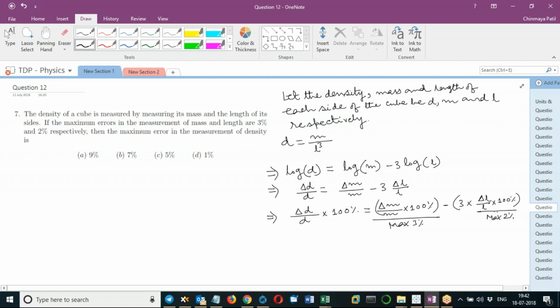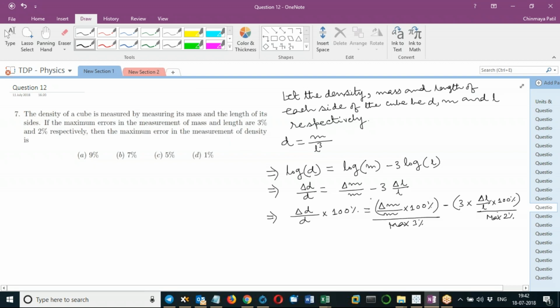Now, the maximum error should be 3% minus 3 into 2%. As we know, error comes both in positive and negative with equal probability.